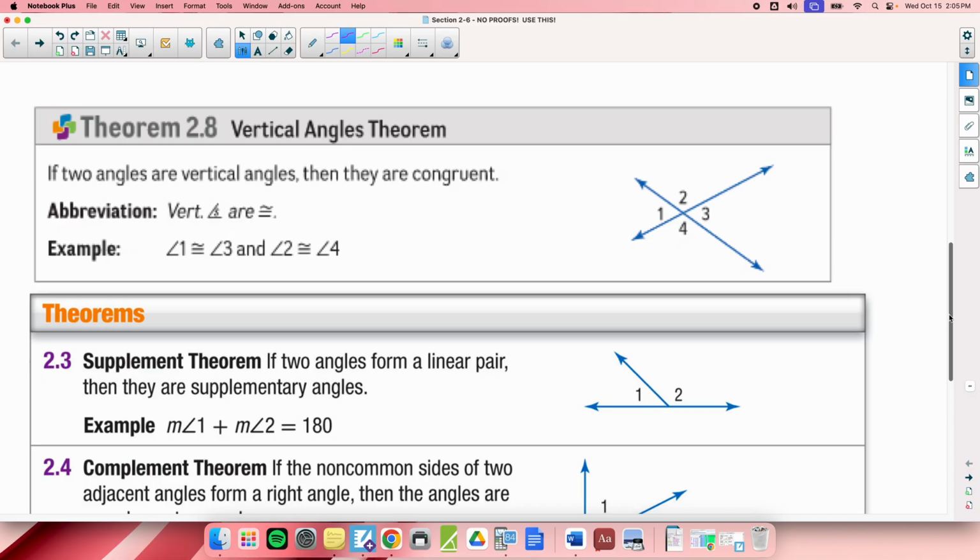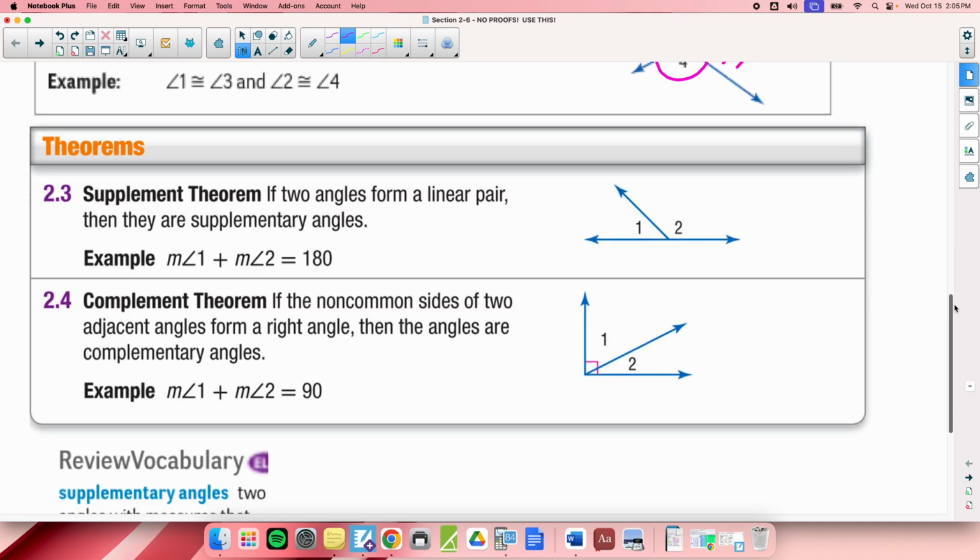A couple quick things, and we'll talk about this on the next page too. Do you guys remember what vertical angles are? If you have two intersecting lines, it would be like angle 2 and angle 4, and we know they're congruent or equal. Vertical angles are congruent or equal, just like these two. When you have two angles that form a straight line, that is a linear pair.